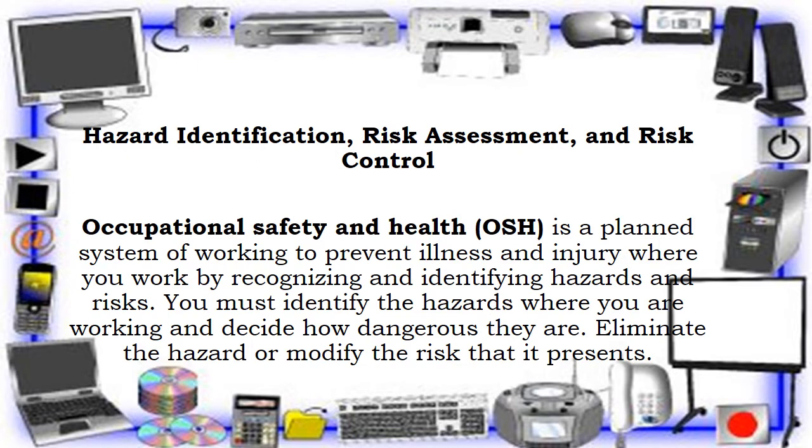OSH is a planned system of working to prevent illness and injury where you work by recognizing and identifying hazards and risks. So you must identify the hazards where you are working and decide how dangerous they are. Then you need to eliminate the hazard or modify the risk that it presents.